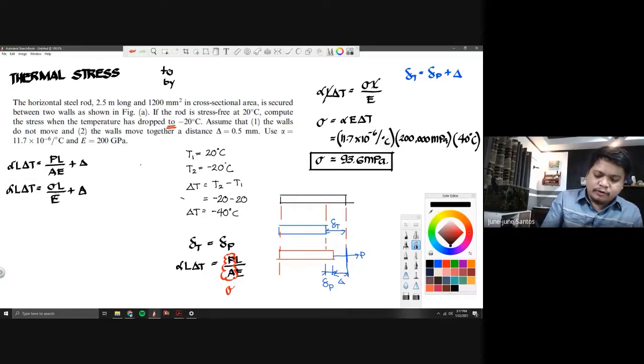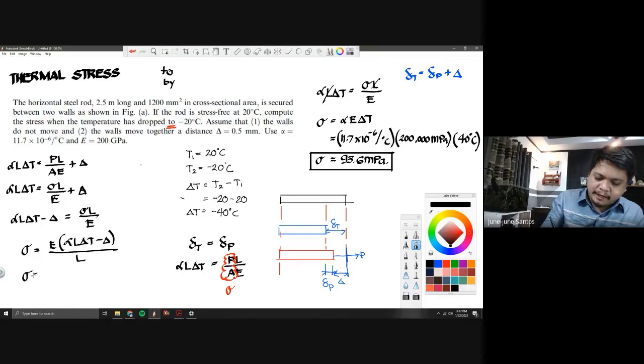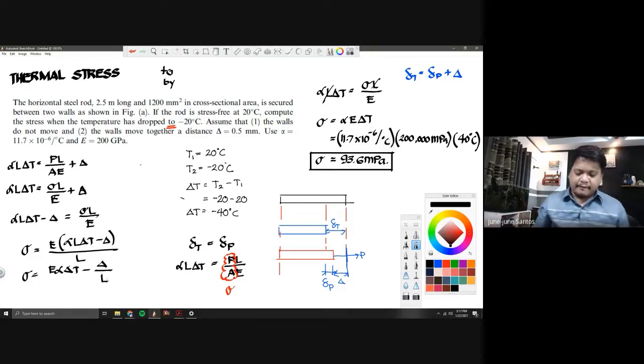Okay, so we will be having here, ilipat natin sa kabila, alpha L delta T minus delta is equals to sigma L all over E. Solving for this one, so we can have it as E quantity alpha L delta T minus delta all over L, or we can have it as E alpha delta T minus delta all over L, multiplied by E, of course. Okay? So we will be having here this one. Now, substitute.